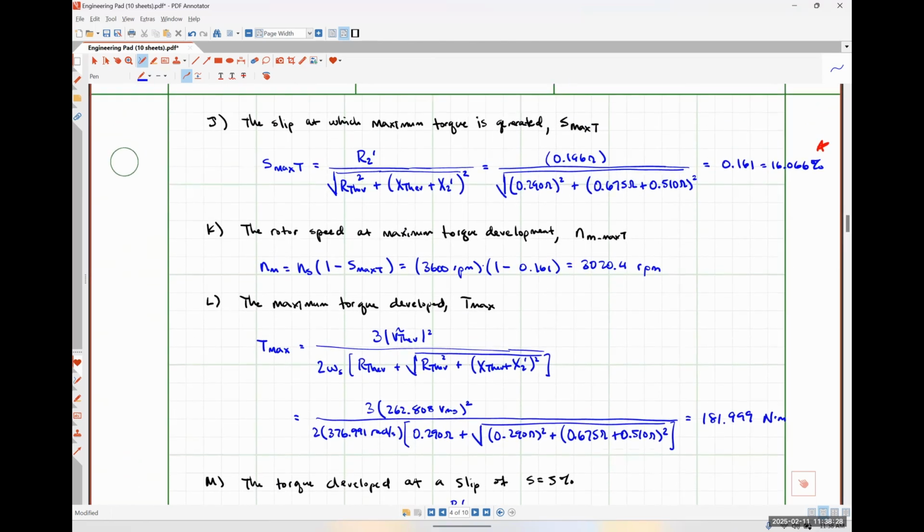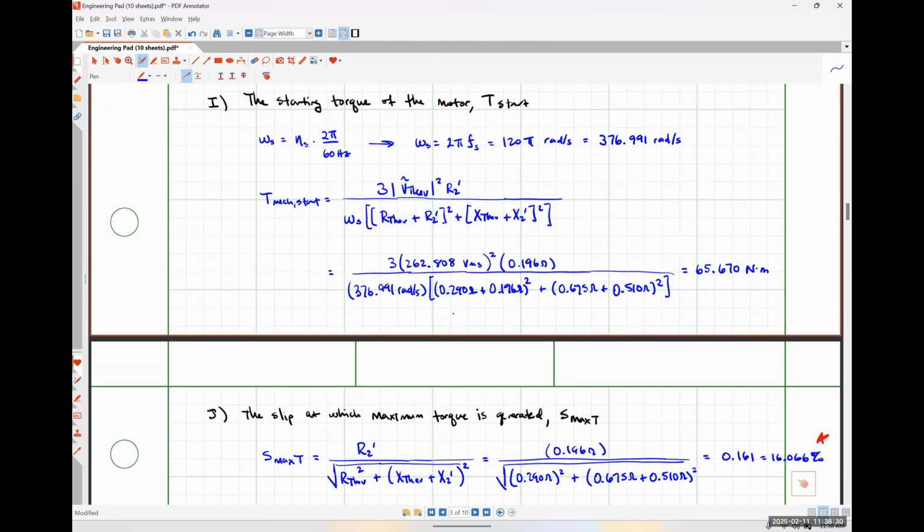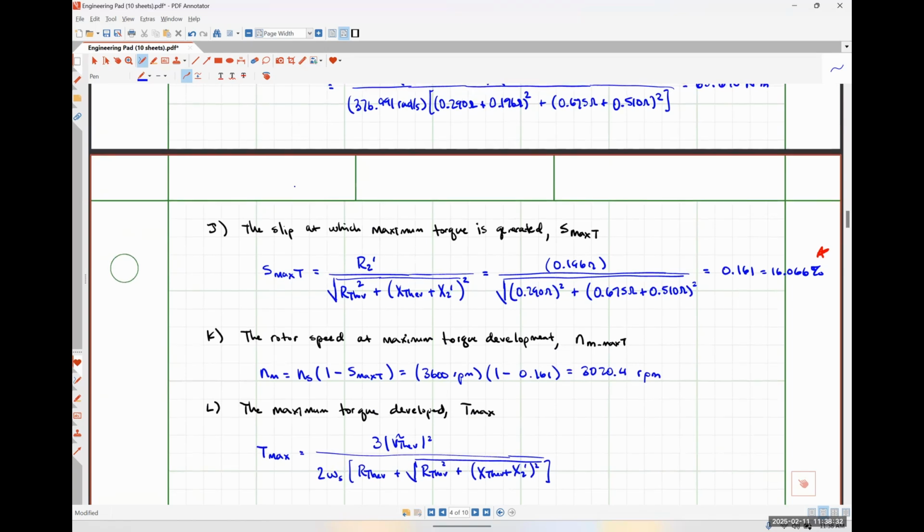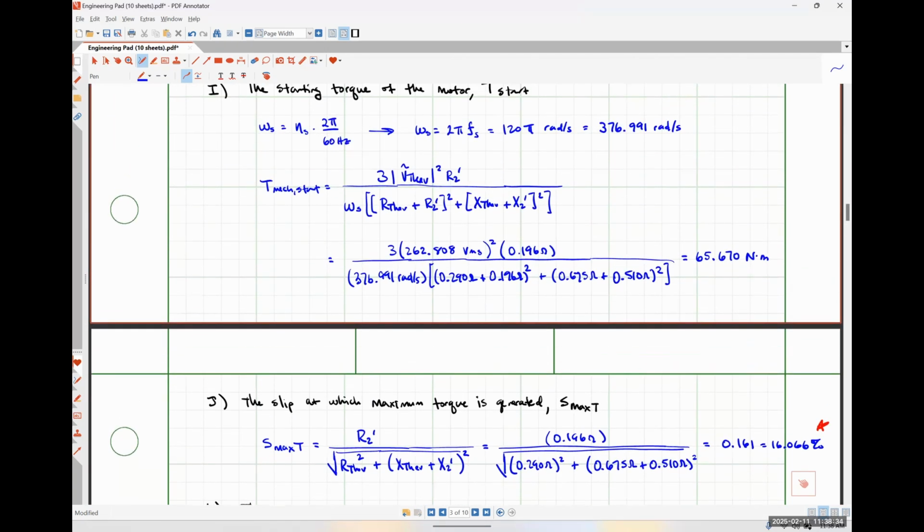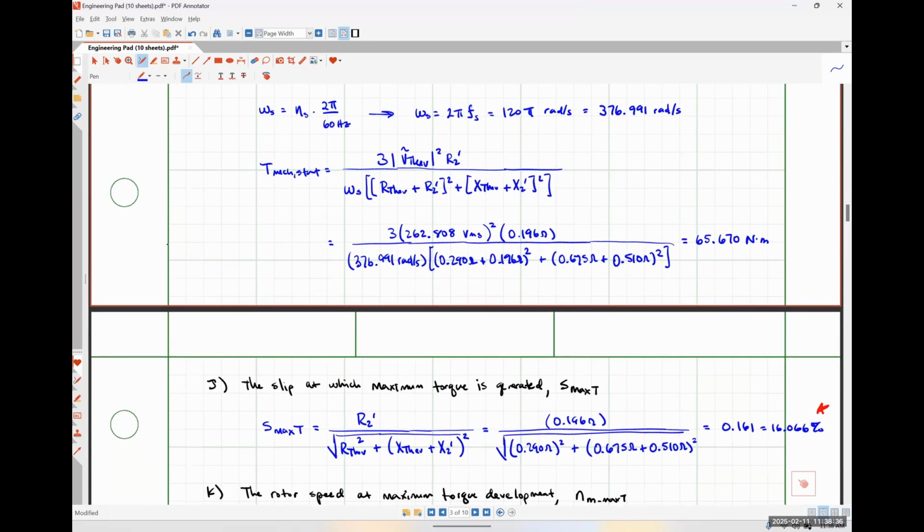At a slip of 100%, our torque was 65.670 newton meters. Would you be wildly opposed to me having you use Excel or something like that to generate a graph of torque as a function of slip over a particular range?